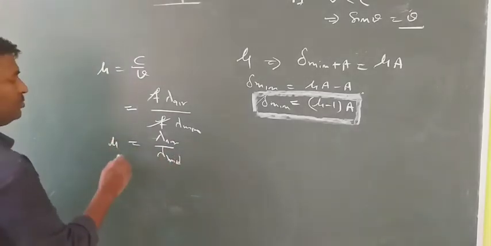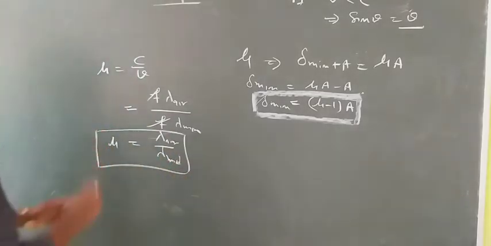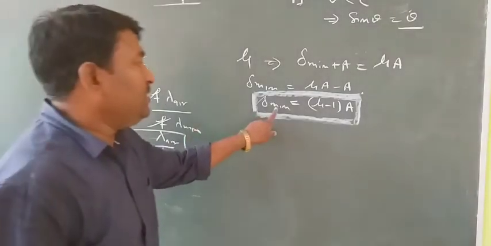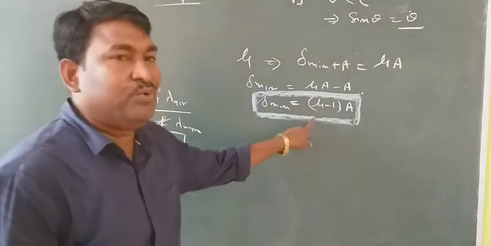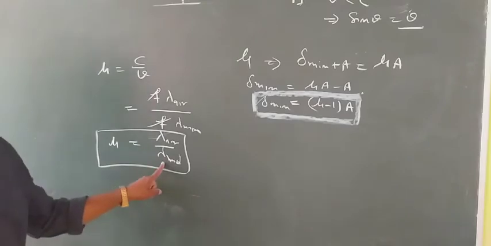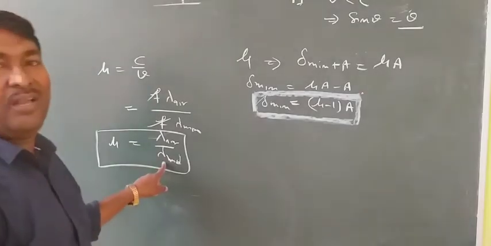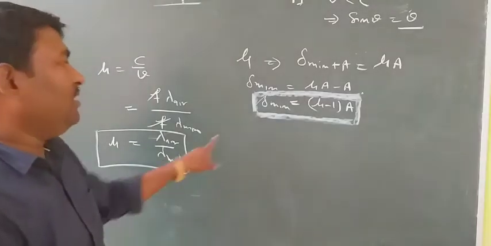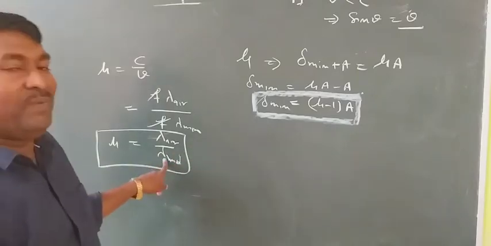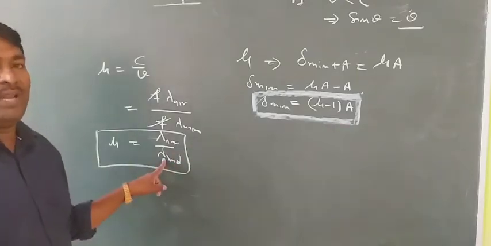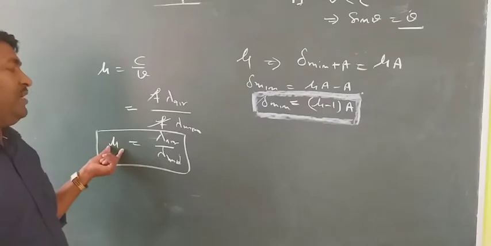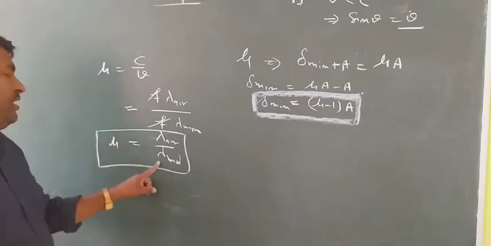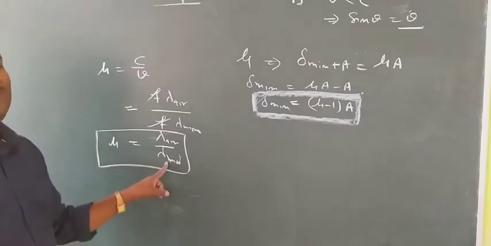Now this is mu. Since deviation depends on mu and mu depends on wavelength, that is the color of light, for different wavelength or different color of light, mu will be different and it will vary inversely proportional to the wavelength.